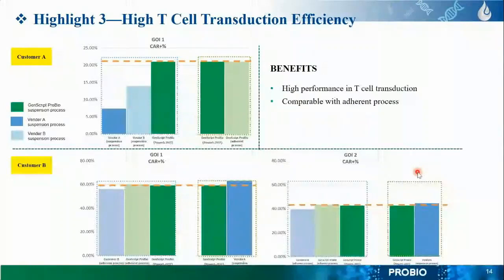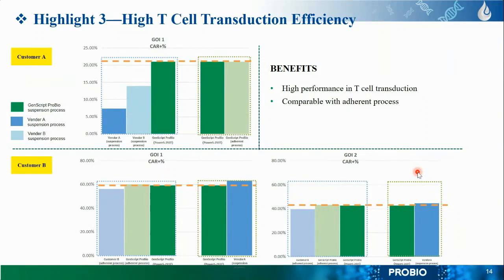Okay, the third highlight is about the high T cell transduction efficiency, which we have compared with a few other vendors in the market, vendor A, B, and GenScript ProBio, which is the Power S293 cell.